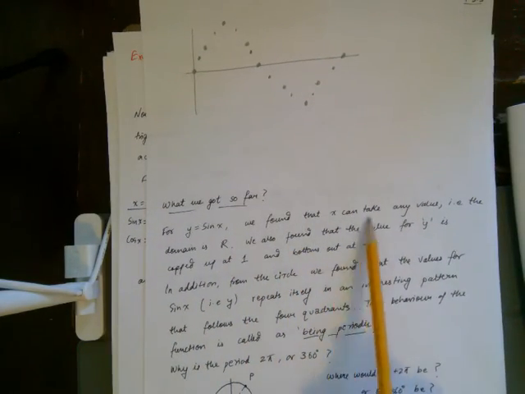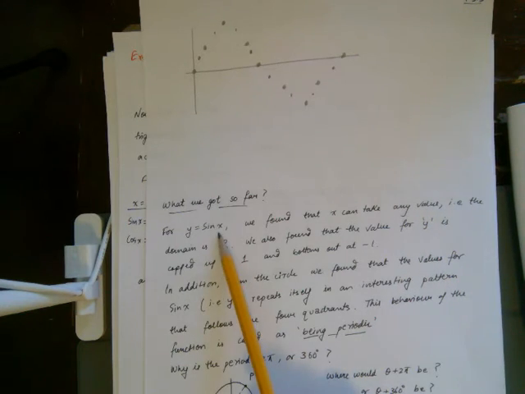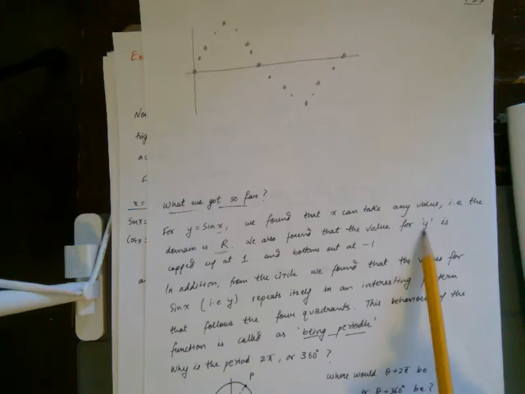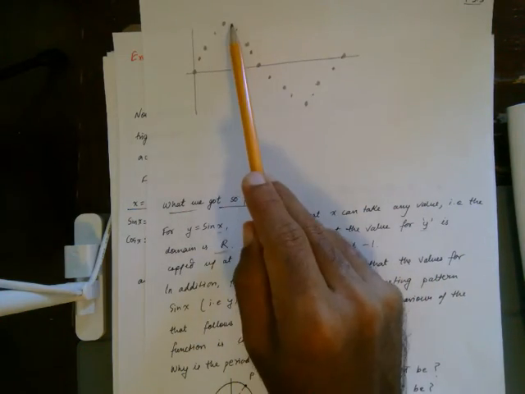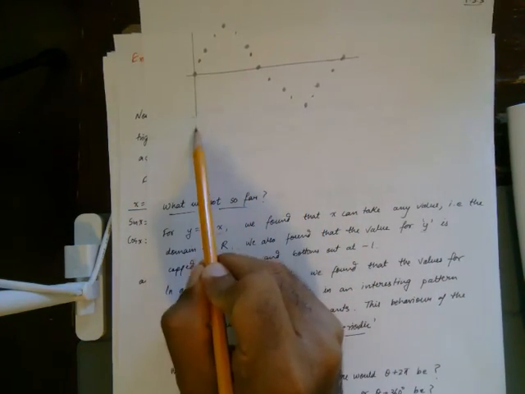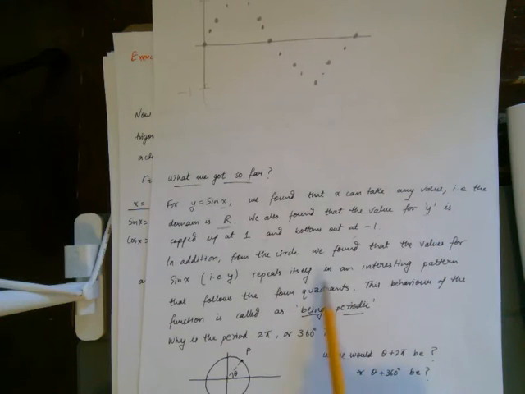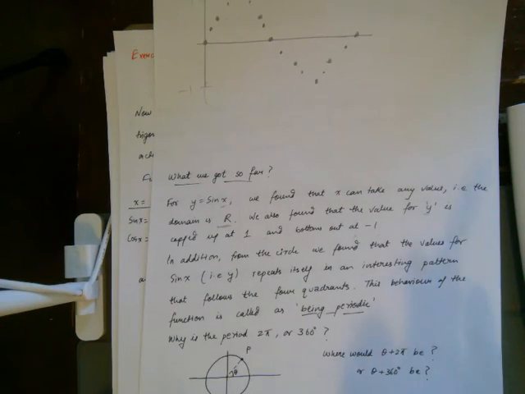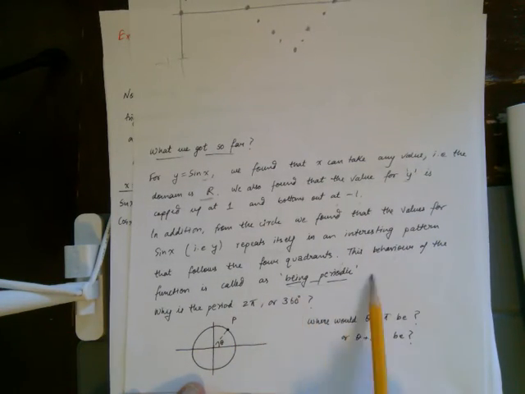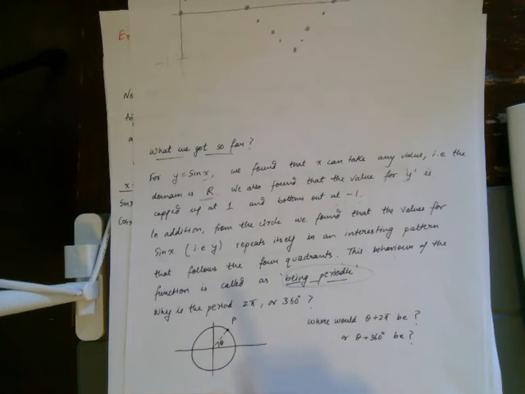Okay, so we found that x can take any value, right? That the domain is R. But then we also found that the y value is capped at 1 and it's capped down below at negative 1. So we also found that it repeats itself in this interesting pattern of 4 times, 2 positive, 2 negative, and it follows the 4 quadrants. This behavior is called being periodic. Being periodic means the behavior repeats after a given point of time.